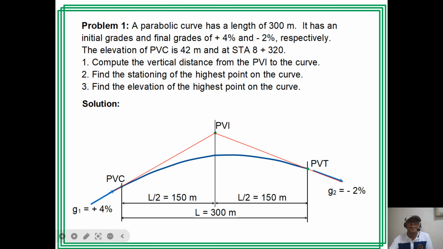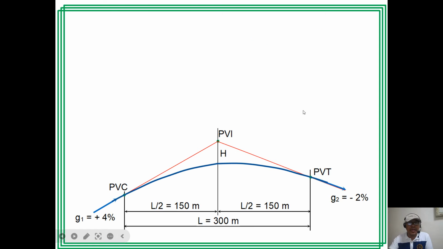Okay. So, the first question is the vertical distance from PVI to the curve. So, PVI to the curve, this is distance h. And we have a formula for h. So, to solve for h, we have L over 8 times G1 minus G2.